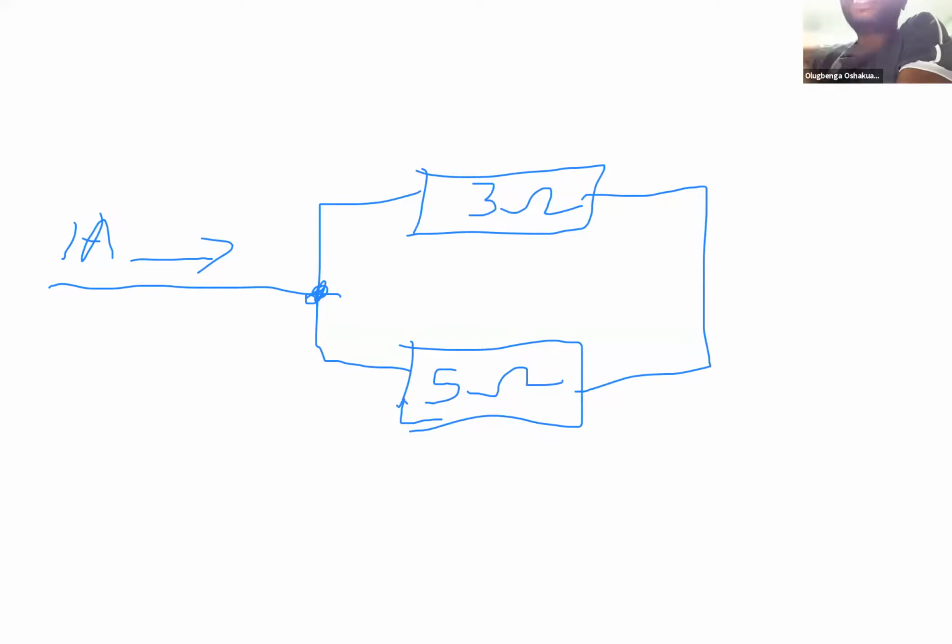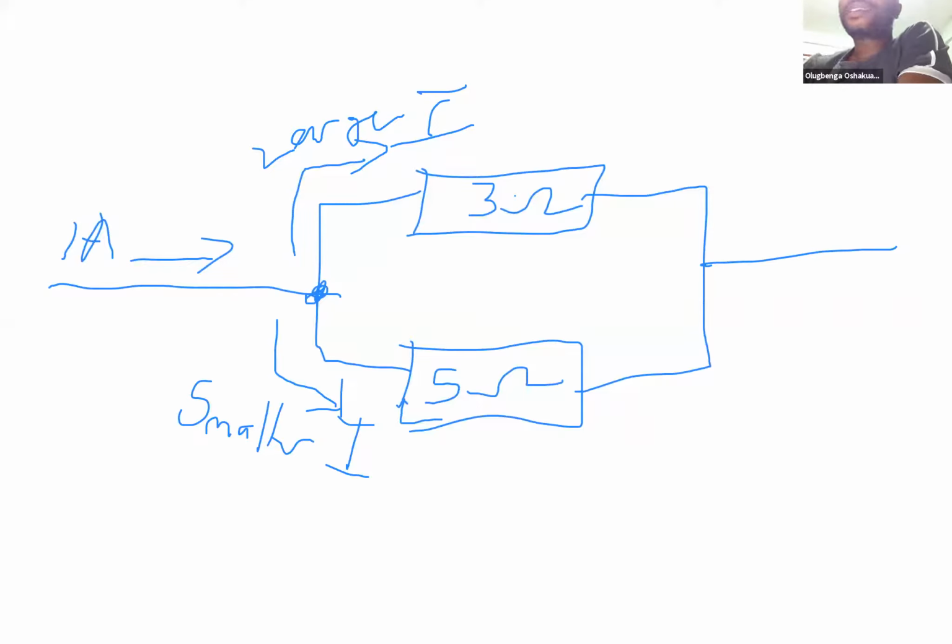That means a larger amount of current will prefer to come in this direction. So larger current, larger I, will flow through 3 ohms. We are sure that the voltage across them is the same, but the current that flows through them depends on the individual resistance.